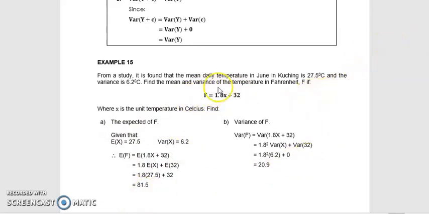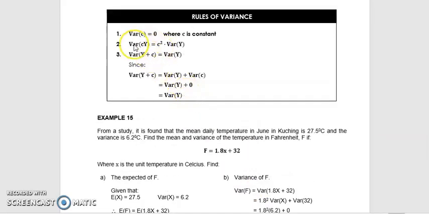How about the variance of F? The variance of 1.8x plus 32. Again 1.8 is a constant, so take it out. If you look at the rules of variance, for a constant you need to square the constant.